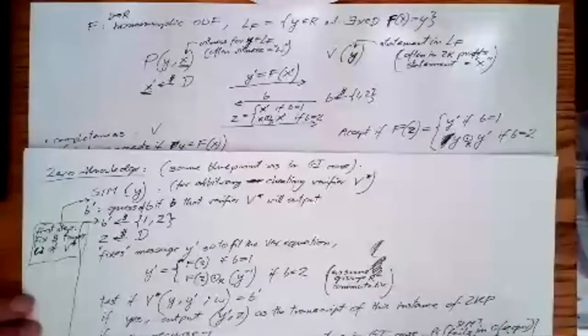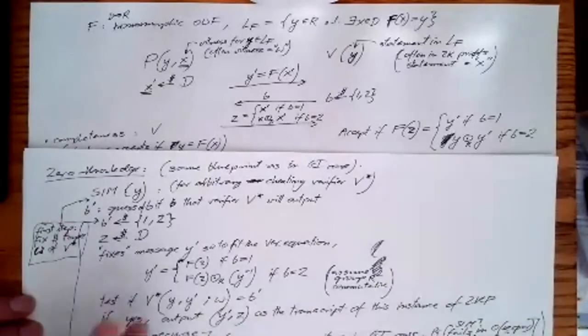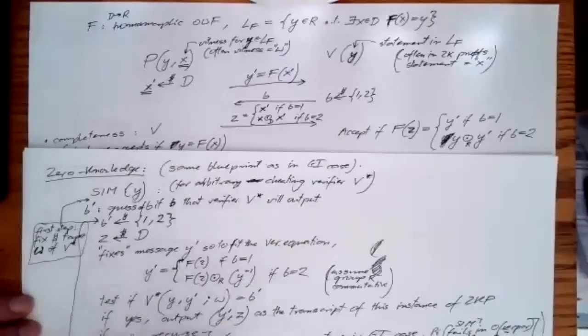So negligible. And the zero knowledge argument for this is identical to the case of graph isomorphism.